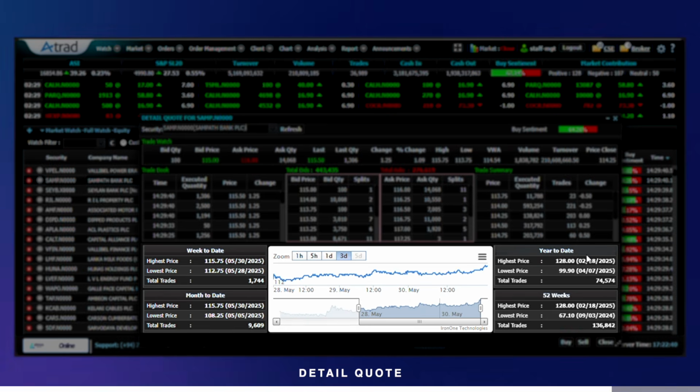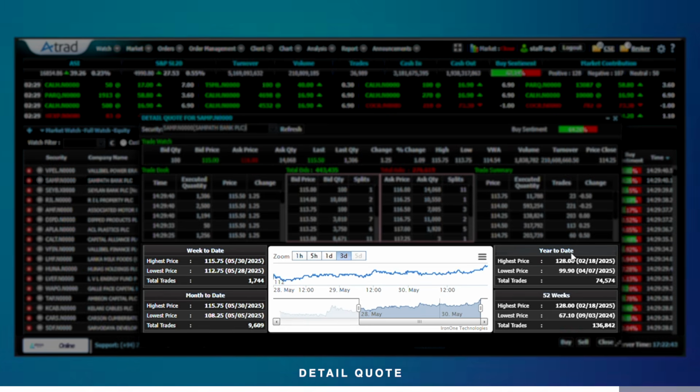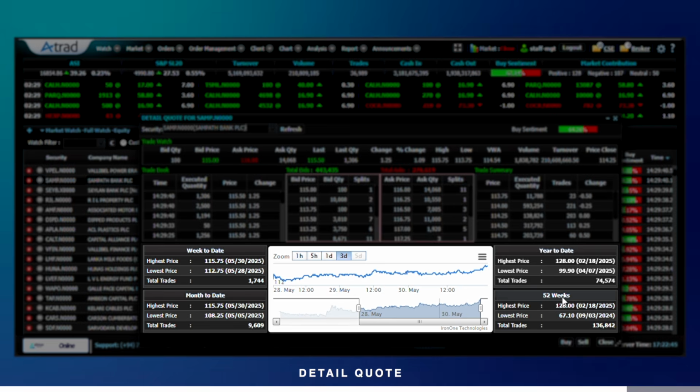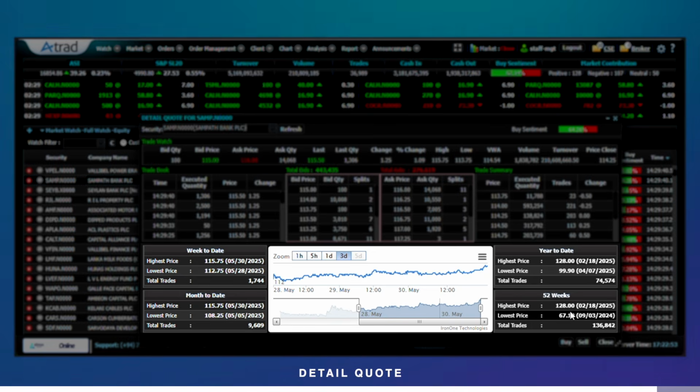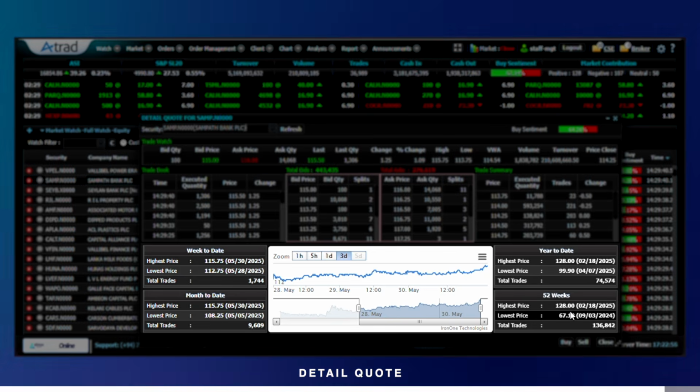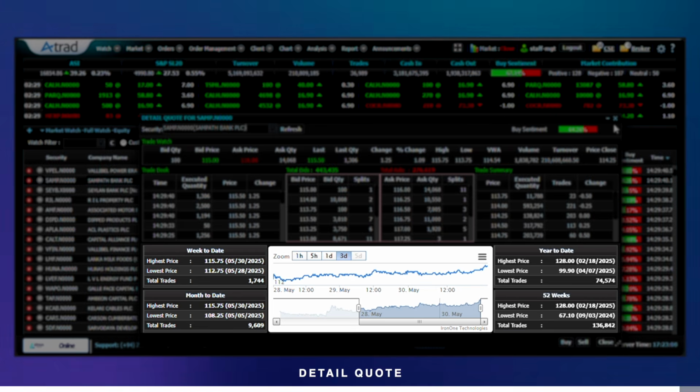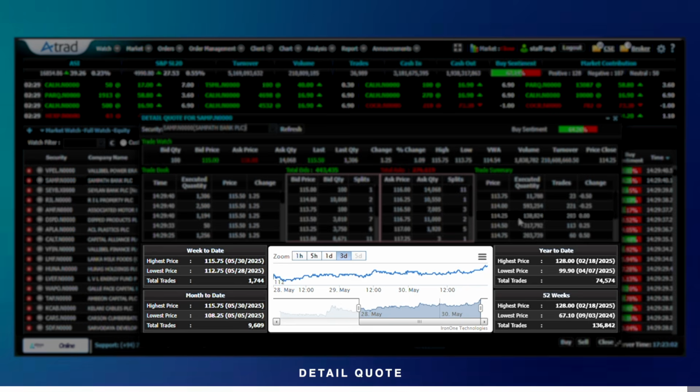And also the year to date highest and lowest price, and the 52 weeks, which is of course within a 1 year period, the highest and lowest price. So that is about the detailed quote. When you are making a decision, you can use this option, as I told you earlier, to pick the best price at which to execute your trade. So these are the need to know facts when you are making a first trade.